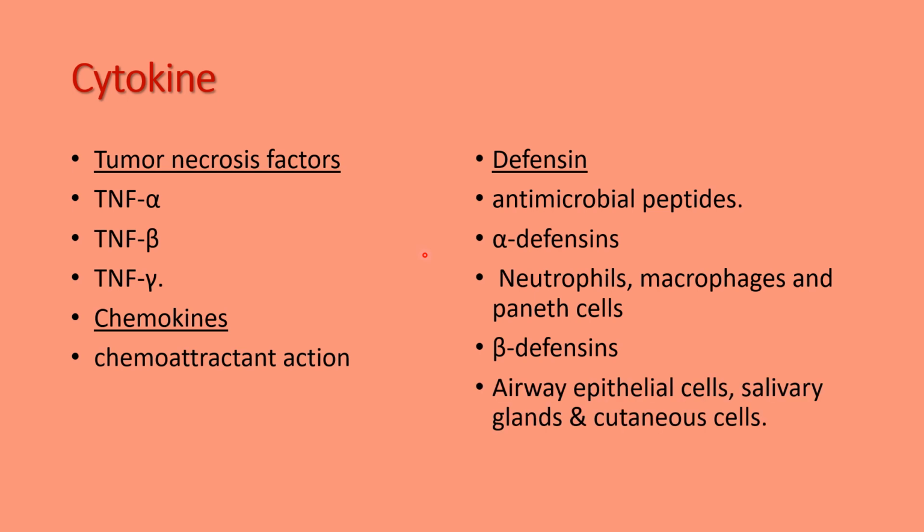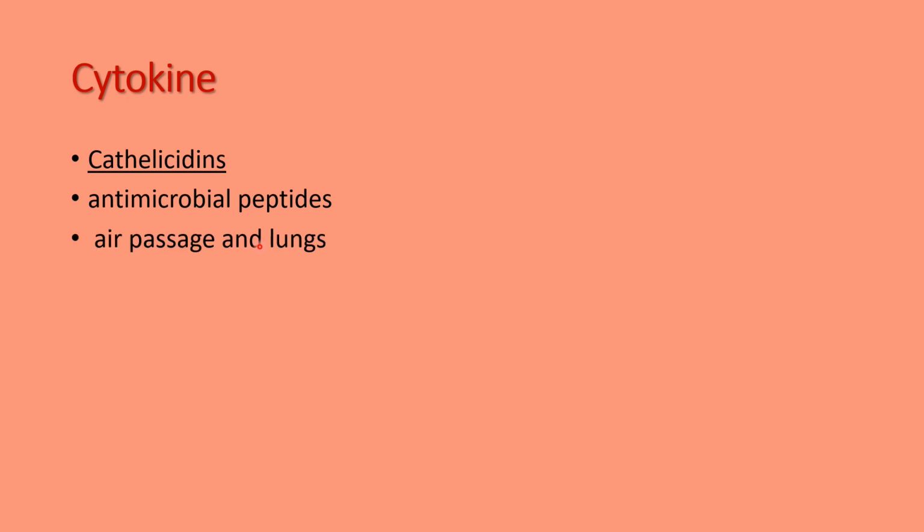Beta defensin is mainly produced from airway epithelial cells, salivary glands and cutaneous cells. The next cytokine is cathelicidins. They act as antimicrobial peptides, mainly acting on the air passage and lungs.